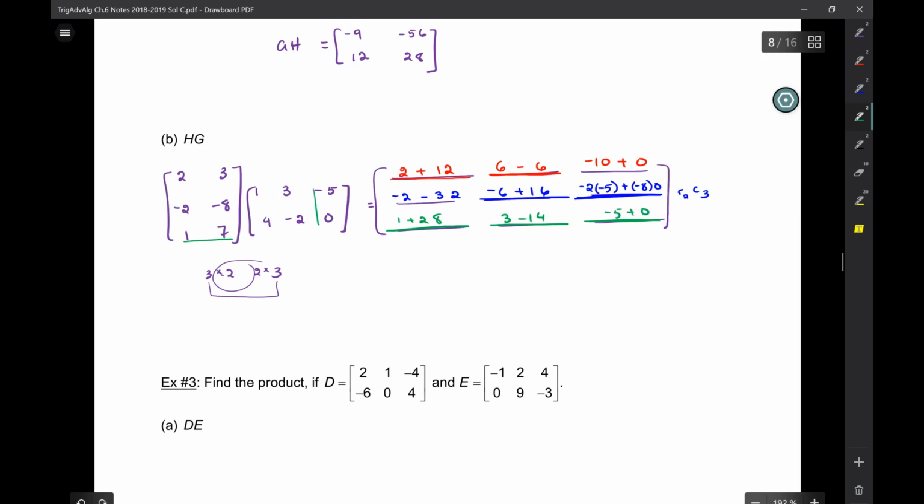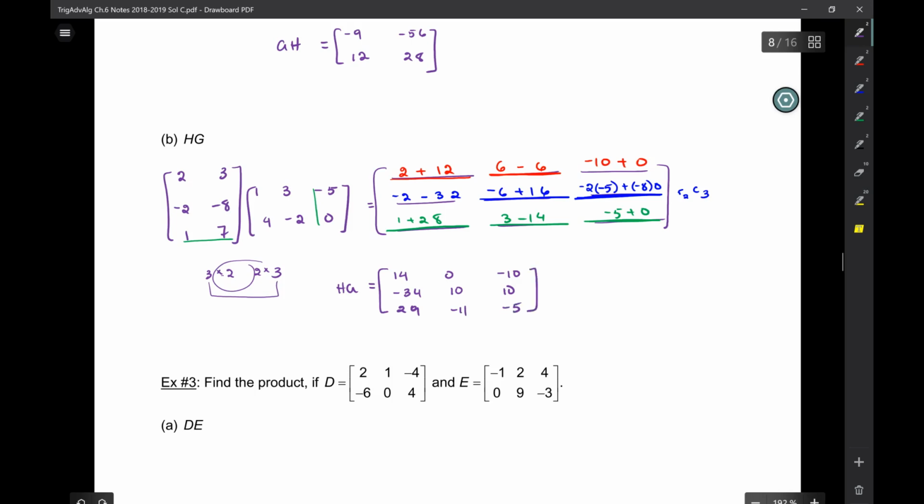Okay. We hopefully all got this. So when we put it all together, HG will equal 2 plus 12, 14, 0, 0, negative 10, negative 34, 10, 29, negative 11, negative 5.